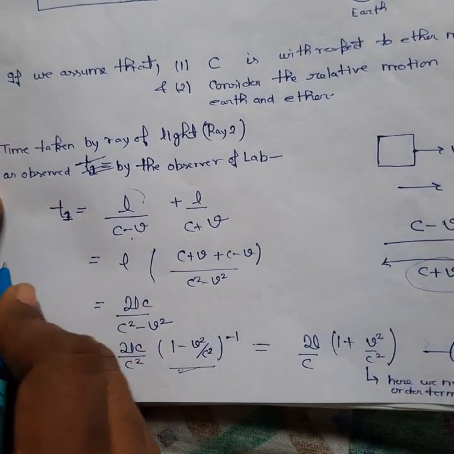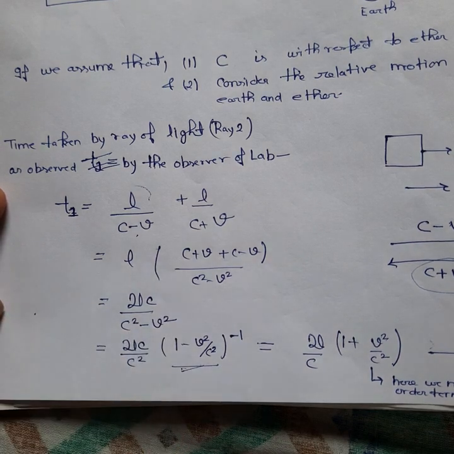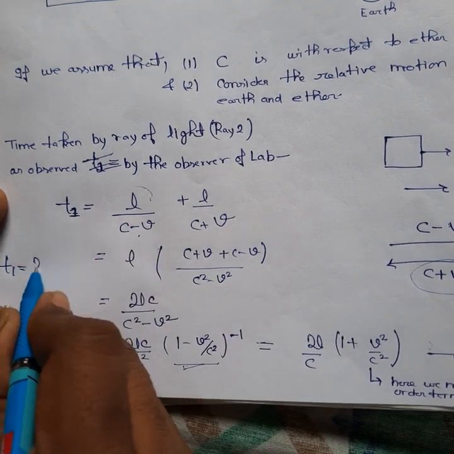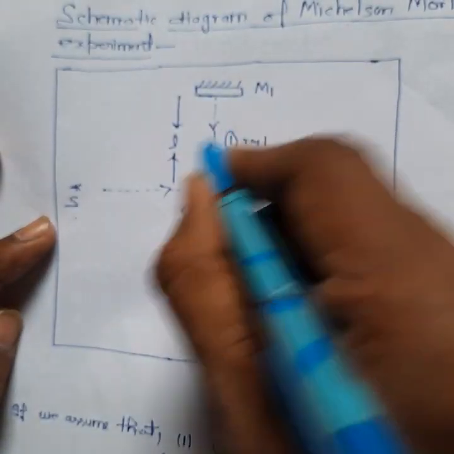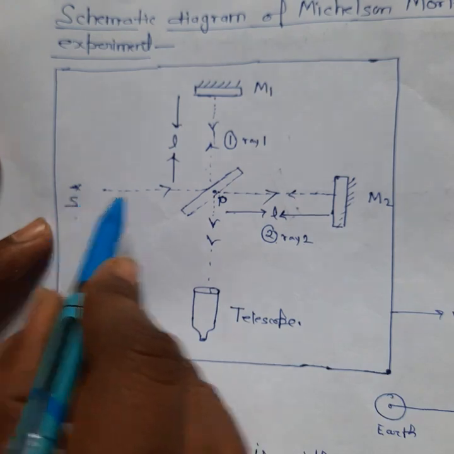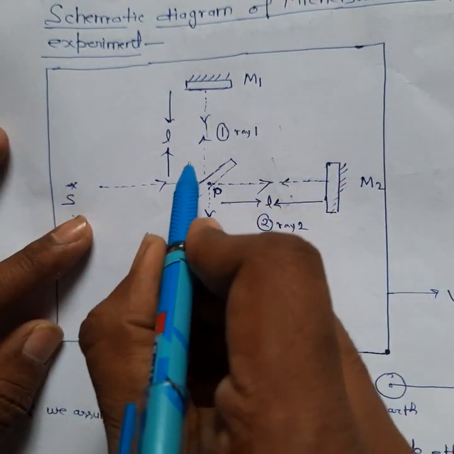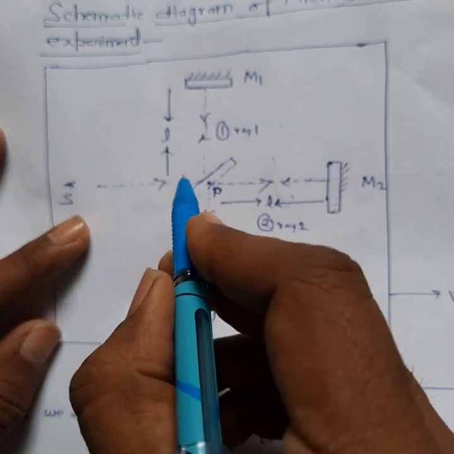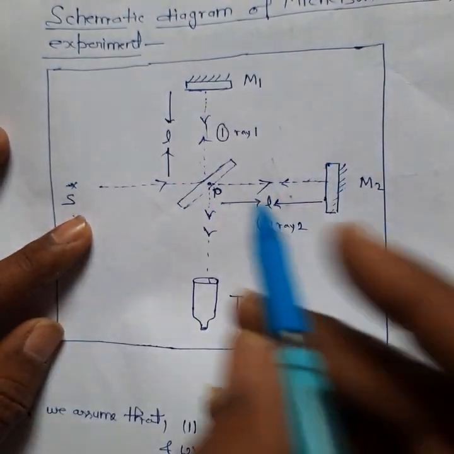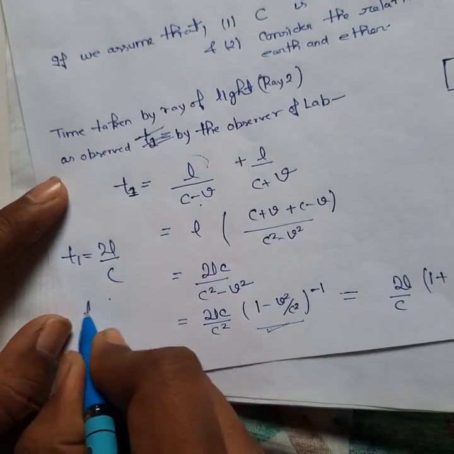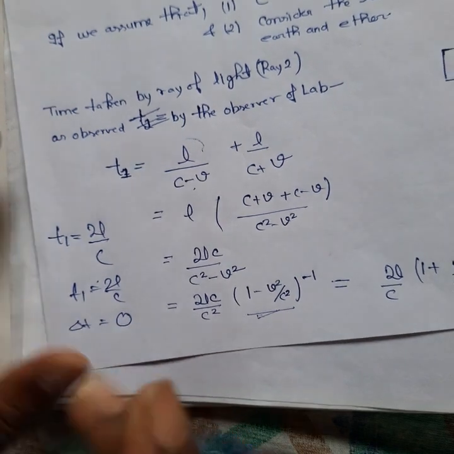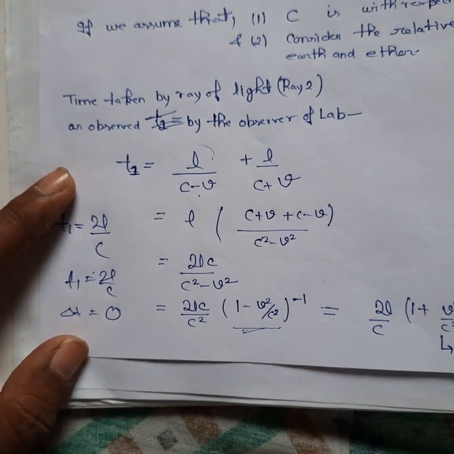So if you add the corrections by Einstein, then you will calculate the time t1 equal to 2L by c. Similarly for ray 1, this length is perpendicular to the motion of the experimental setup, so we can again calculate the time if we consider the velocity of light c is constant in all frames of reference. In this case, the time t2 will be 2L by c, hence delta t will be again 0. So there is no question of phase shift here.